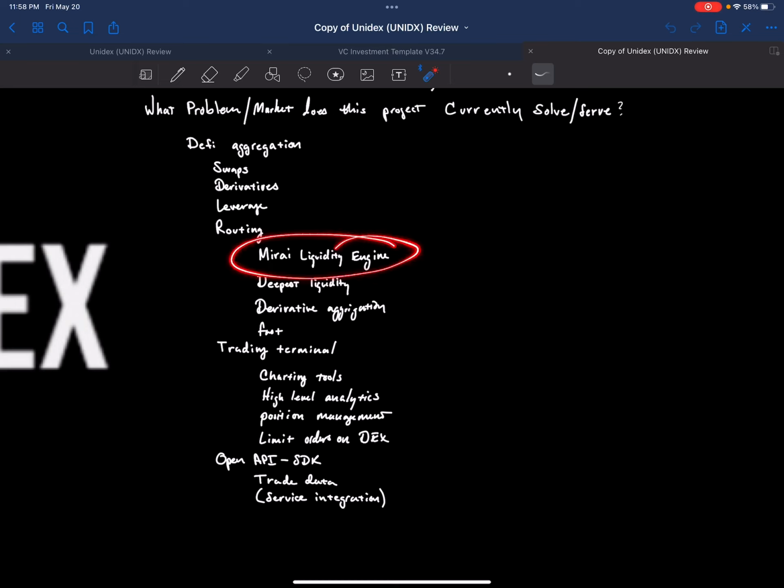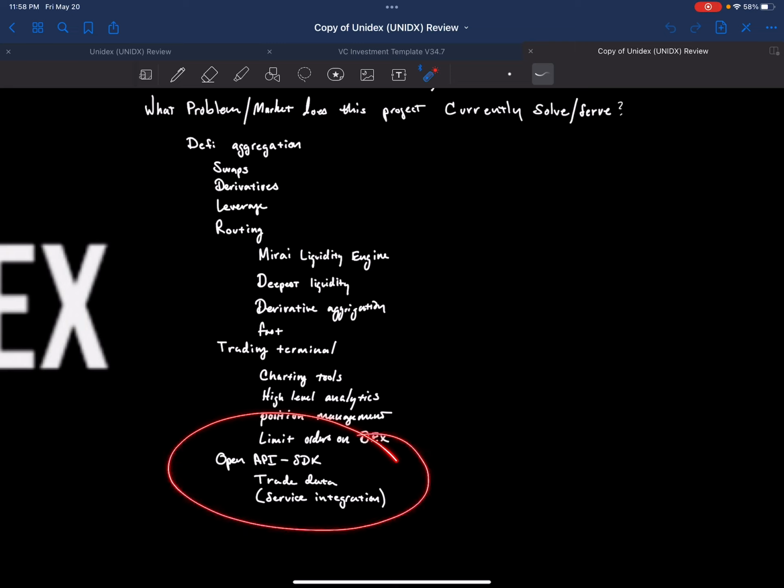They have something called a Merari liquidity engine, deepest liquidity, derivative aggregation, etc. So it's just bringing all these services together, as well as trading services. It's basically a hub for you to jump into DeFi, decentralized exchanges, etc., without being tied to any particular ecosystem.